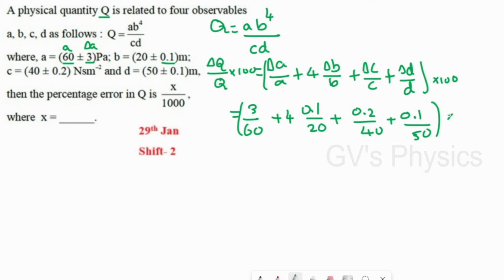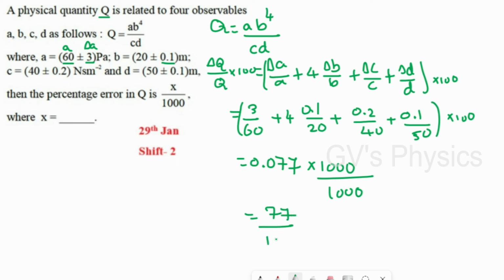Okay, so if you calculate this you will get the answer as 0.077, but they asked in the form of x by 1000. So I'm going to multiply and divide by 1000. So this will become 77 by 1000, that is equal to x by 1000. So in the place of x we got 77. So 77 is the right answer.